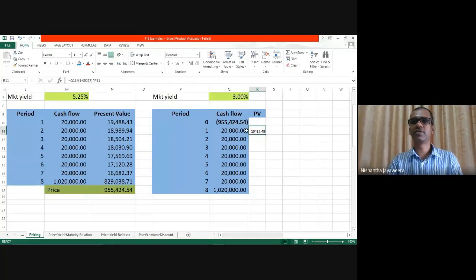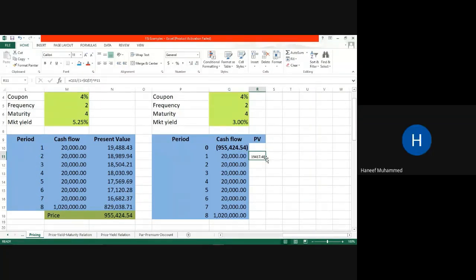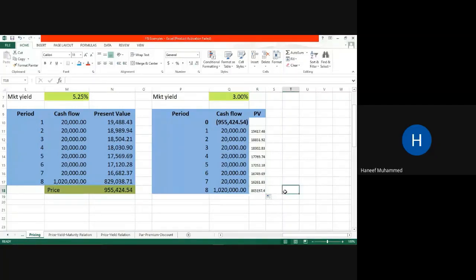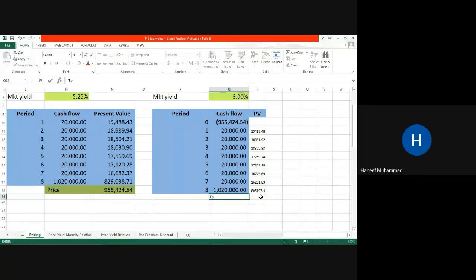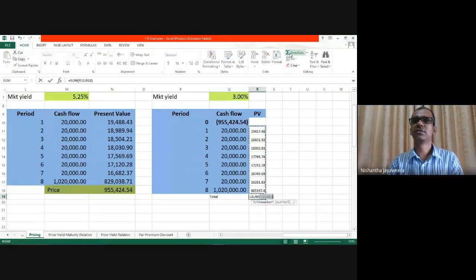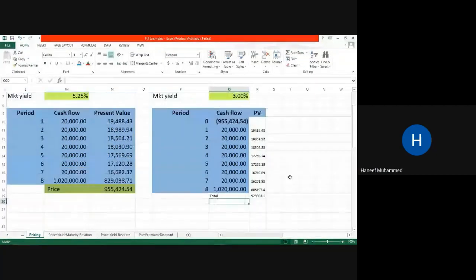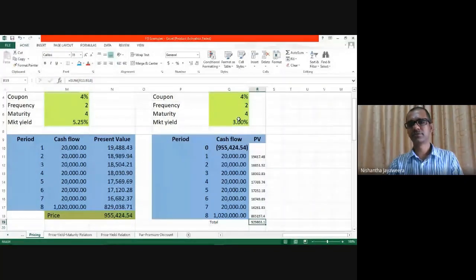So this is the present value of this cash flow at this 3% yield. Do it for all these cash flows, then take the total. And now you know if this yield is correct, this should equal the price.